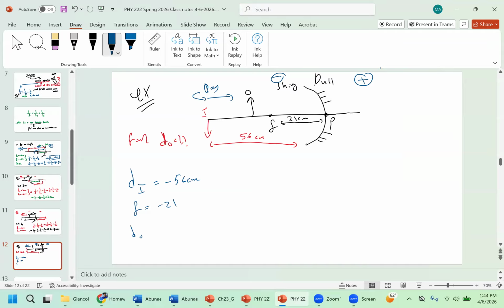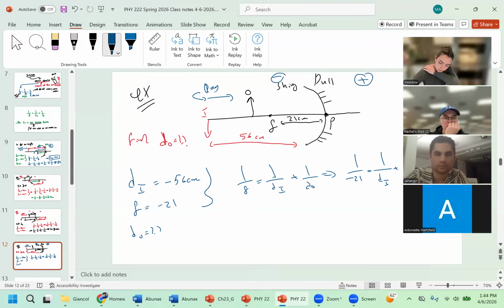You want to find the distance of the object. From these two, 1 over F equals 1 over D of I plus 1 over D of O. That means 1 over minus 21 is going to equal 1 over D of I plus 1 over minus 56. Anybody solve this?